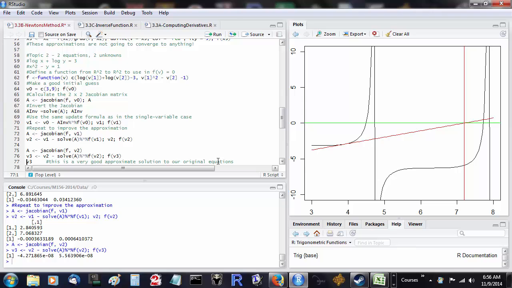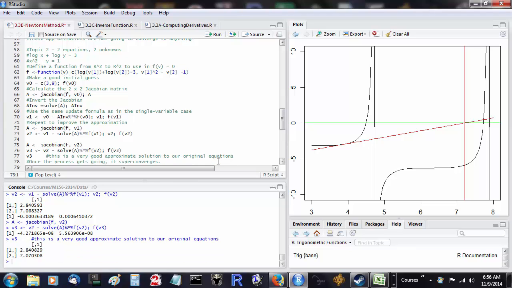Now we are off by something times 10 to the minus 8th power, and what we've got is an improvement: x instead of being 3 is now 2.84, y instead of being 9 is 7.07, and our equations are satisfied with a discrepancy of only something like 10 to the minus 8th.